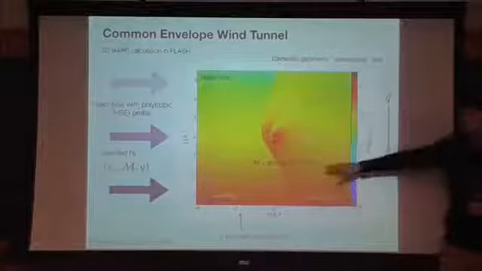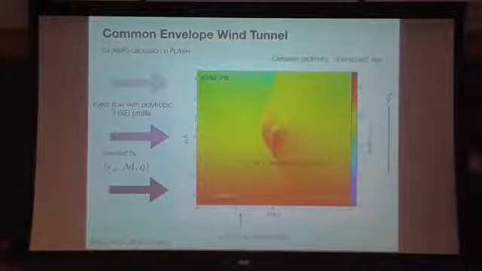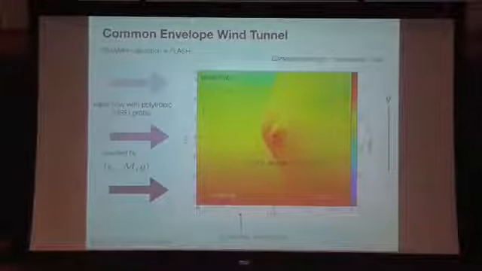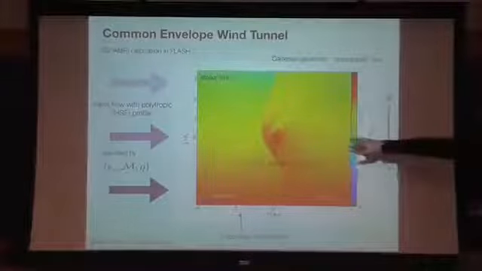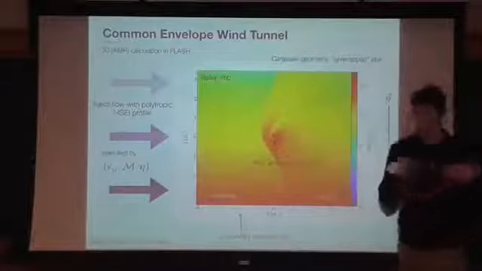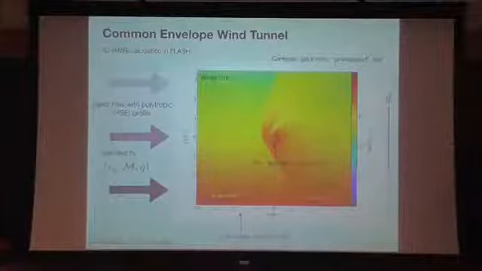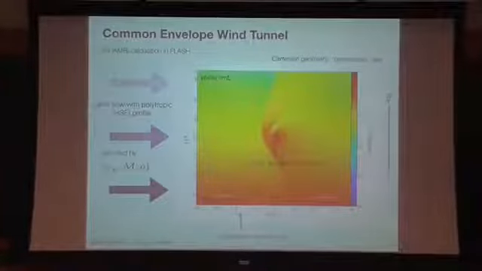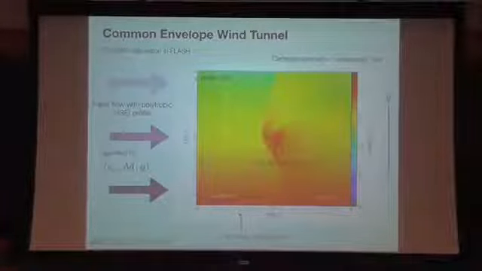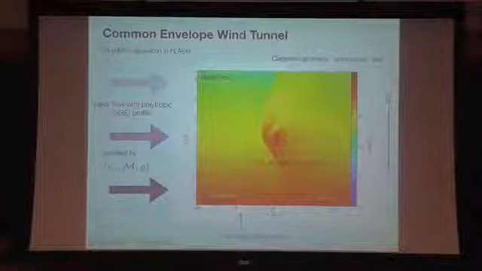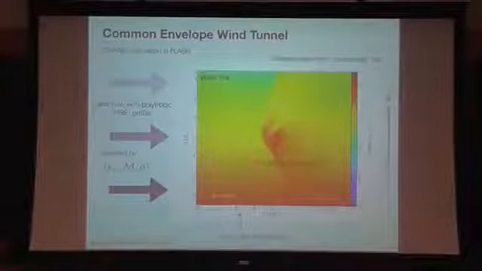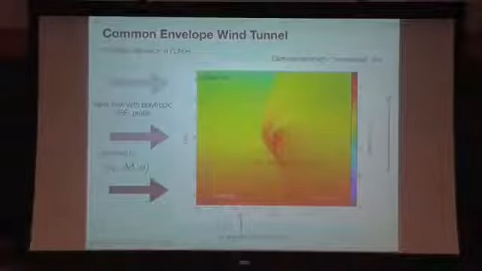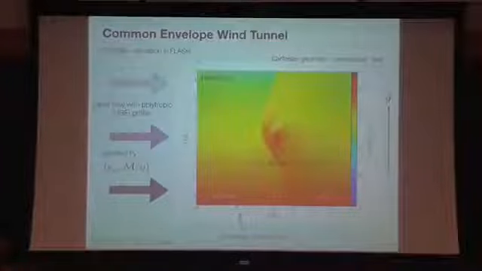Here that's a point mass, and we let material that gets too close to it accrete. So we can measure things like the accretion rate and the drag forces that this object feels in steady state with different incoming conditions. And so we can map out conditions that we think might be representative of one part of the interaction or another part of the interaction.